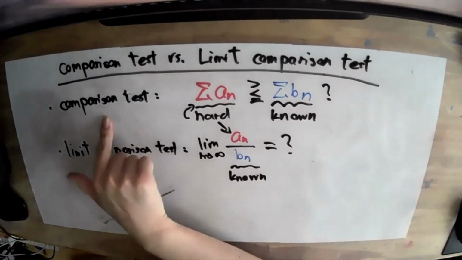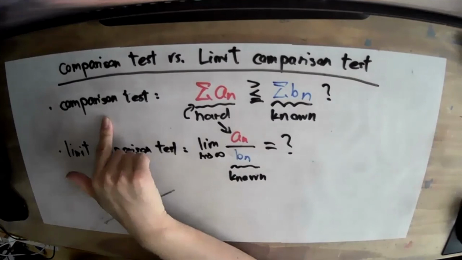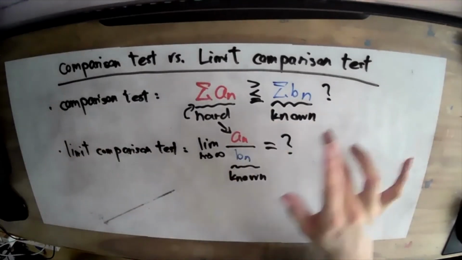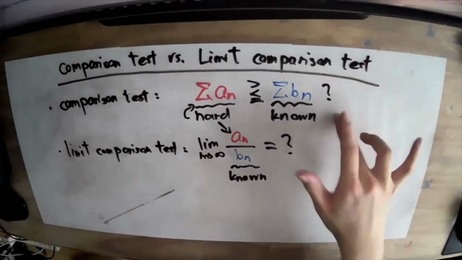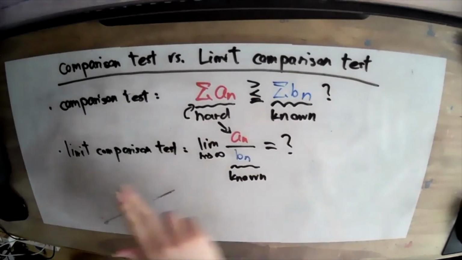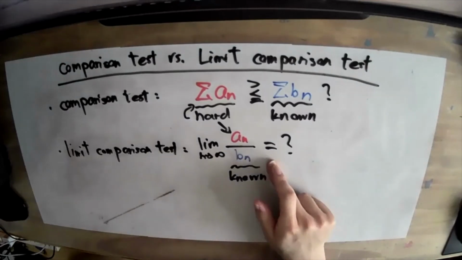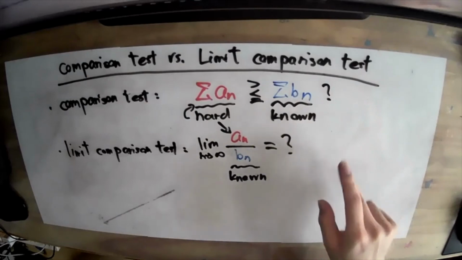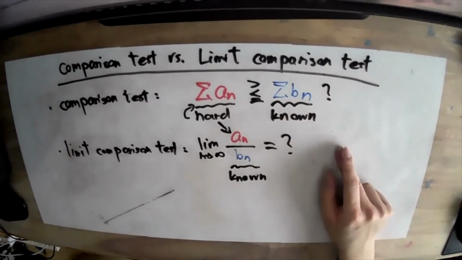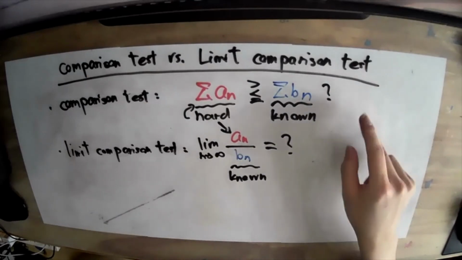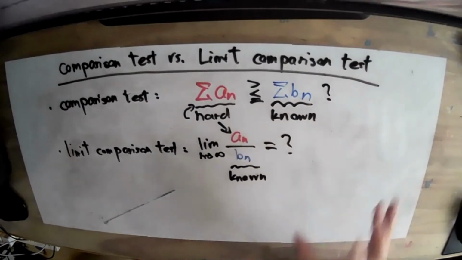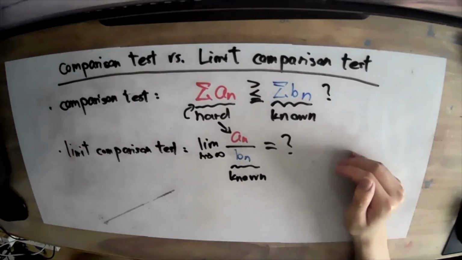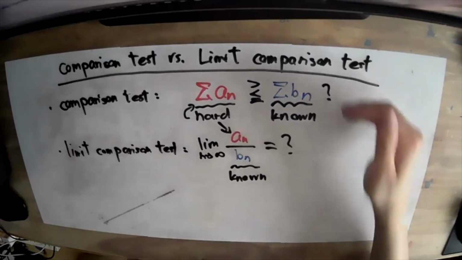While the comparison test compares the values of An and Bn to see which one is bigger or smaller to figure out whether An converges or diverges, the limit comparison test uses division to figure out the same thing. And that's the only difference. You can use either method that suits you, and it will give you the same result. We just want to figure out whether An diverges or converges, and it's up to you which one to use.